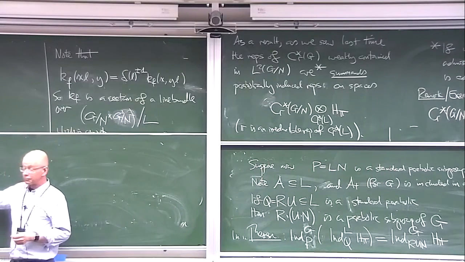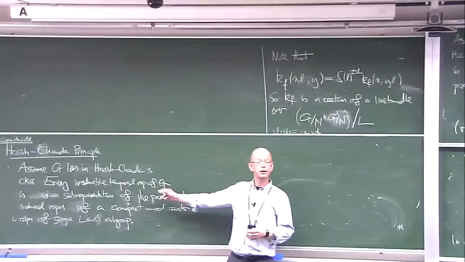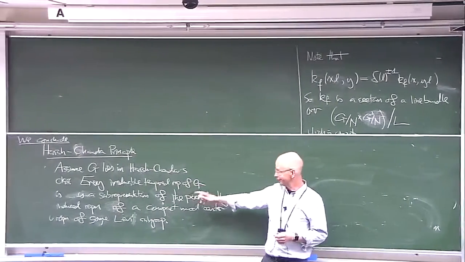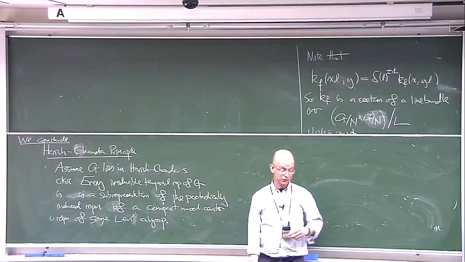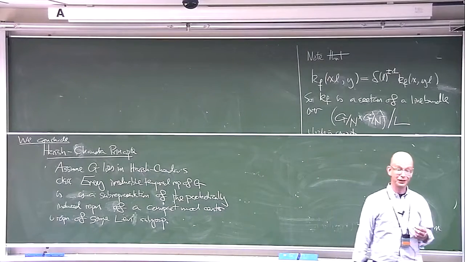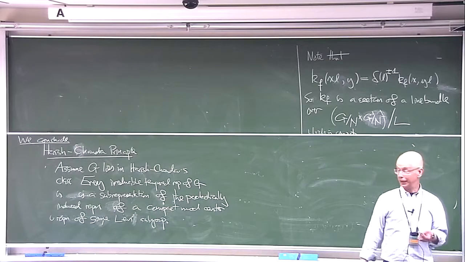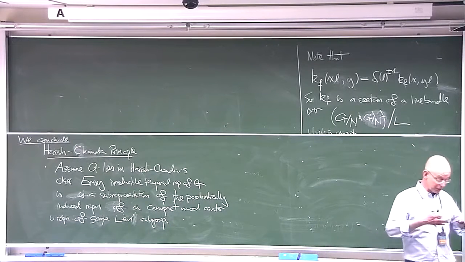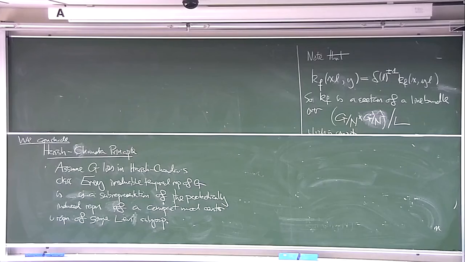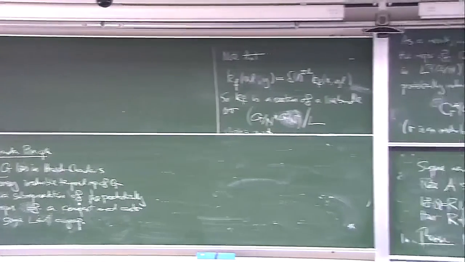In this theorem, I'm using the convenient fact that G is a parabolic subgroup of itself. So one possibility is that the representation in question is compact modulo center, and you're not actually doing any parabolic induction at all. That's included in this statement, because parabolic induction from G to G is just do nothing.